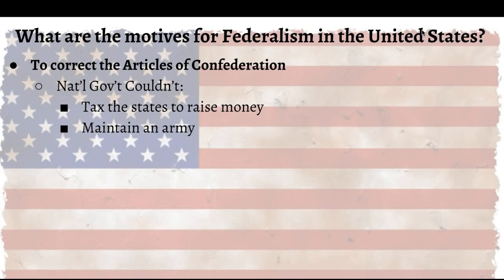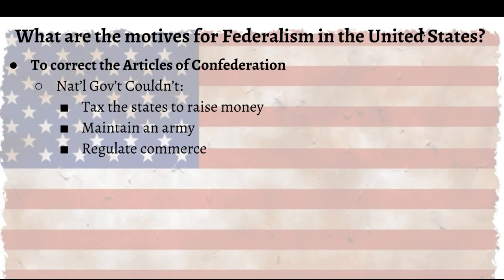And so this movement for a new constitution utilizing federalism moves to remedy this, to help maintain a military, to regulate the economy, to promote the economy and to prevent trade wars between the states. Under the Articles of Confederation, the states had all the power.